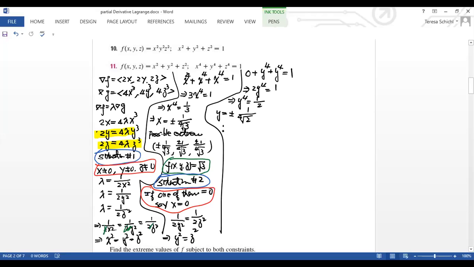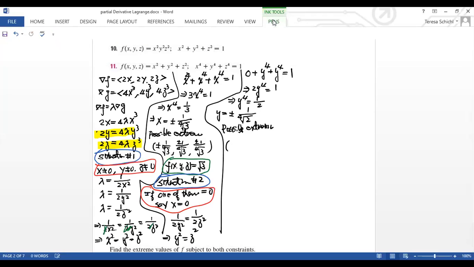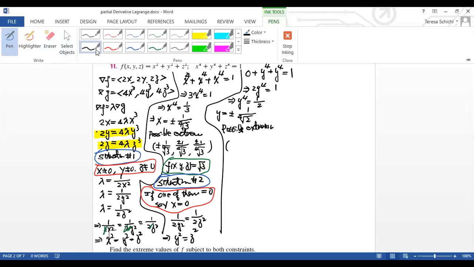So now the possible extrema will be what? The possible extrema here, with x equal to 0, right?